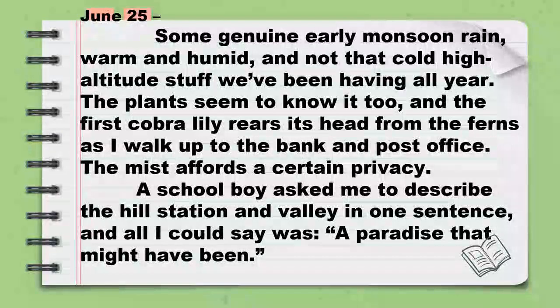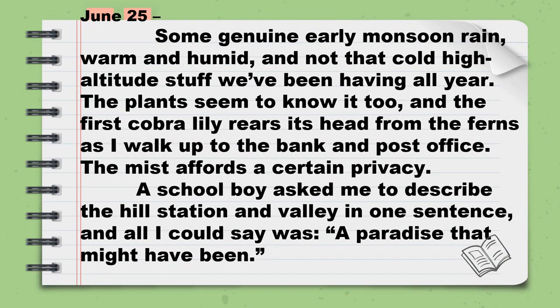The plants also know very well that the monsoon had arrived, and we can see the first cobra lily of the season. It plunges its head, making its way among the ferns as the writer walked till the bank and the post office. And when a schoolboy asked to describe the hill station and valley, the author said simply, it is a paradise.